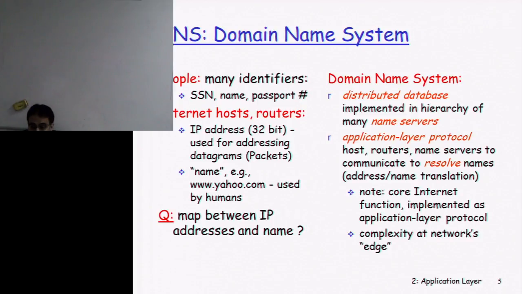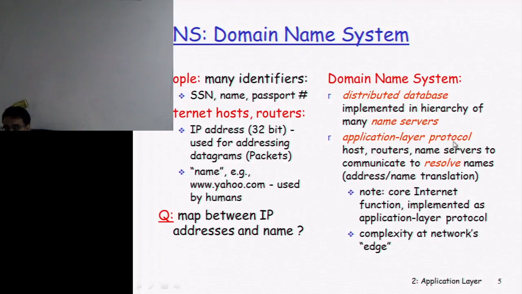For example, this is the distributed, decentralized, hierarchical database of the DNS servers. You have one root DNS server, then you have the .com DNS servers. Not only one root DNS server; there are 13 root DNS servers in the world, in different regions.